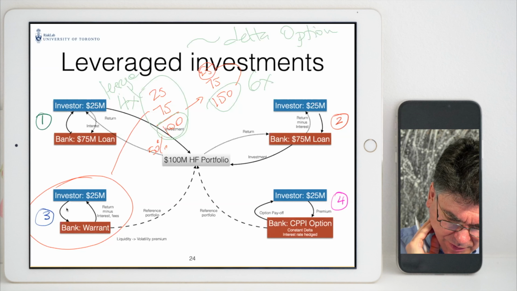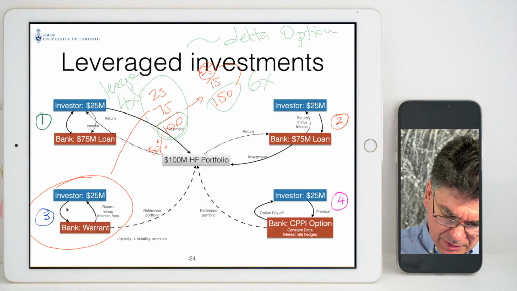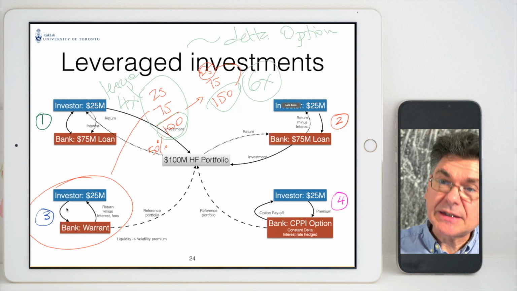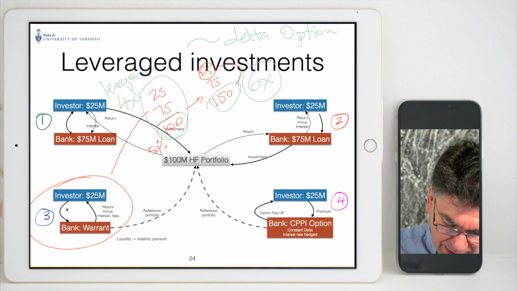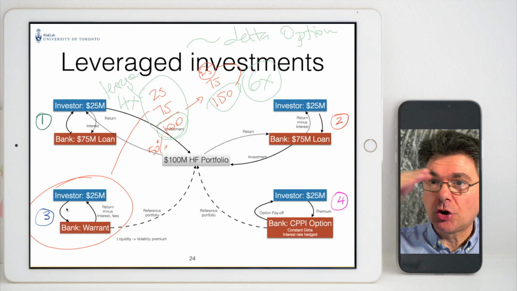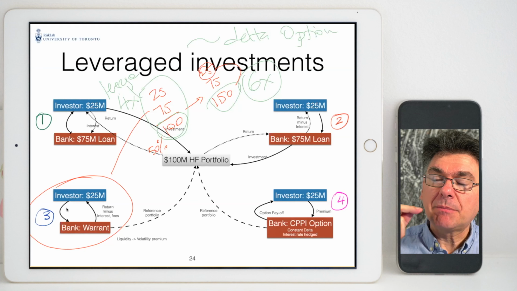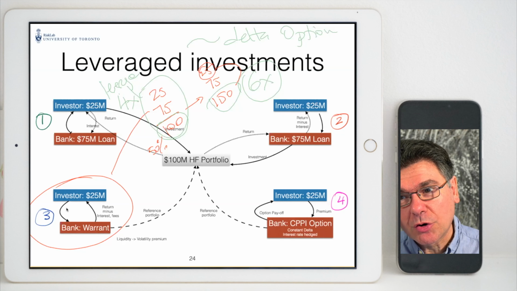In this case, the 25,000 is the premium. The delta of the option, so that it doesn't change to 6, what will happen is that the strike price will go up and the notional will go up. That means that you are investing more money.